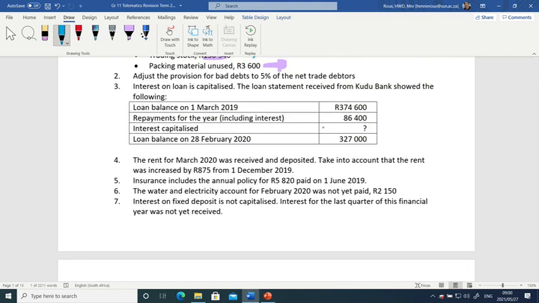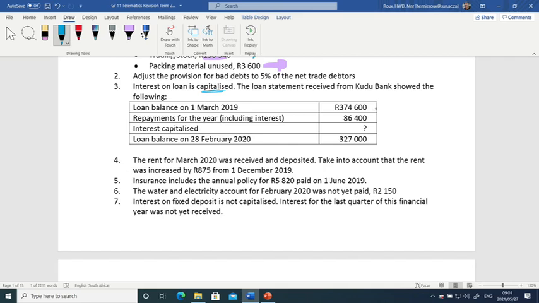The next adjustment, interest on loan is capitalized. Now, capitalized means instead of paying the interest per month or every 3 months or every 6 months, it is added to the loan amount. So we actually pay interest on interest. So they add the interest to the loan. And the loan statement that we received showed the following.